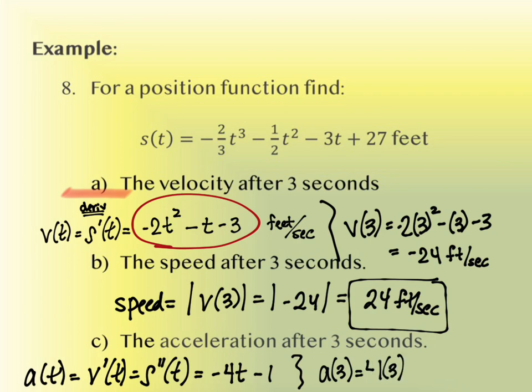Left off my negative. Let me get that in there. Minus 1. So negative 4 times 3 minus 1 is negative 13. And I didn't write the units down a minute ago, but this is feet per second squared.